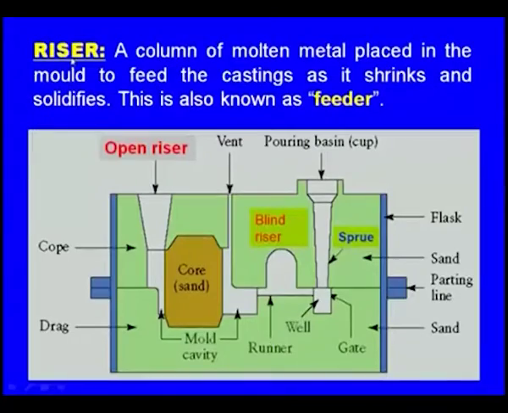To prevent the shrinking, the metal in the riser comes and compensates the shrinkage. As the molten metal during solidification is undergoing shrinkage, the molten metal from the riser comes and compensates that shrinkage.